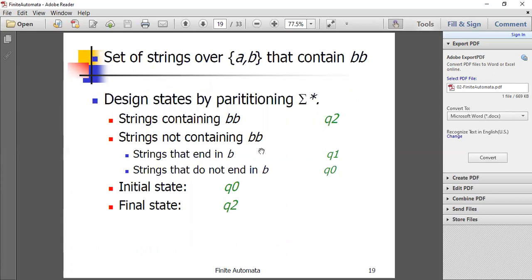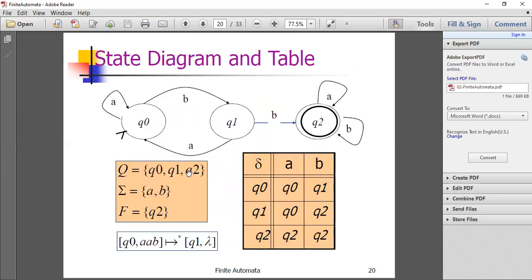Design the states first by partitioning sigma star. Here we are writing the transition diagram, transition functions and transition table.